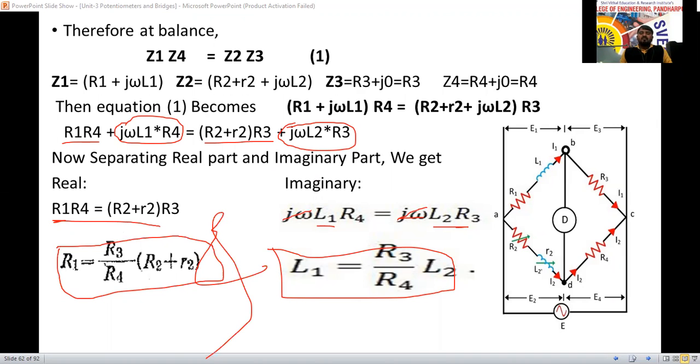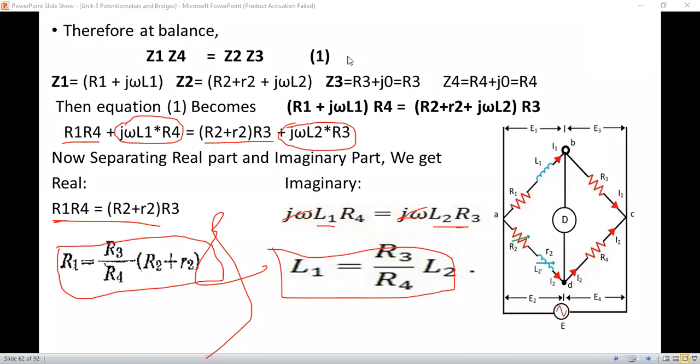If you have any doubts here, you can ask. Up to here, do you have any doubt?